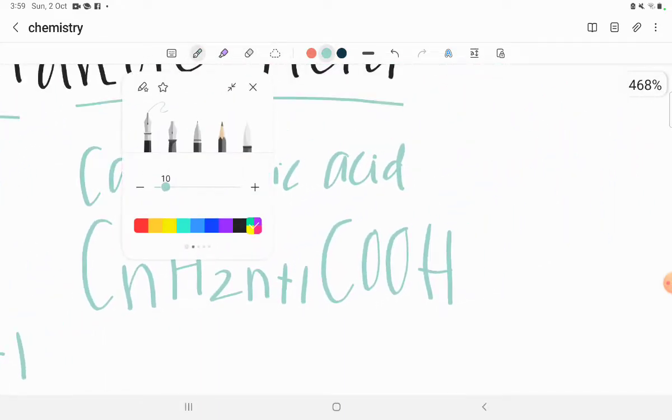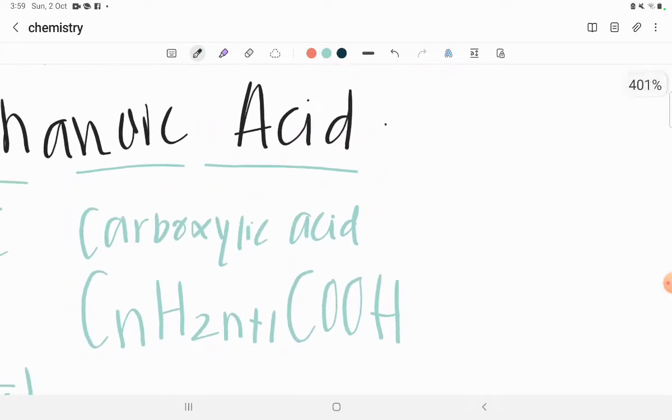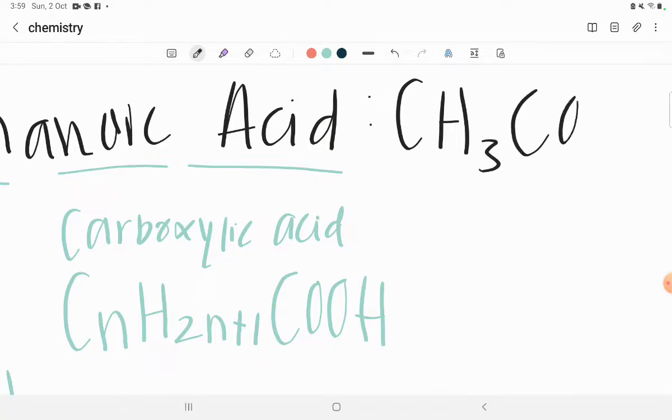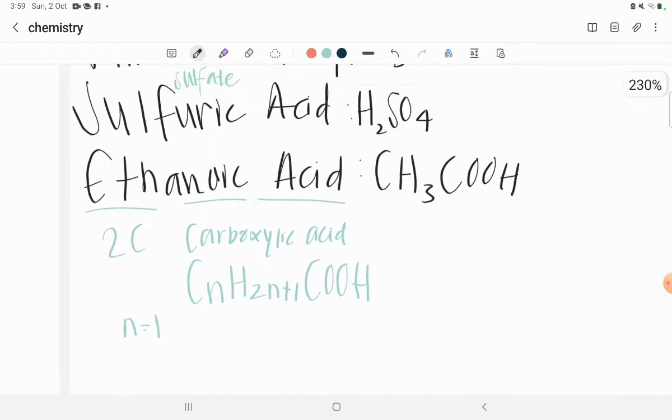Therefore the chemical formula would be CH, 1 times 2 is 2 plus 1, so CH3COOH, and that is right because I checked the answer.